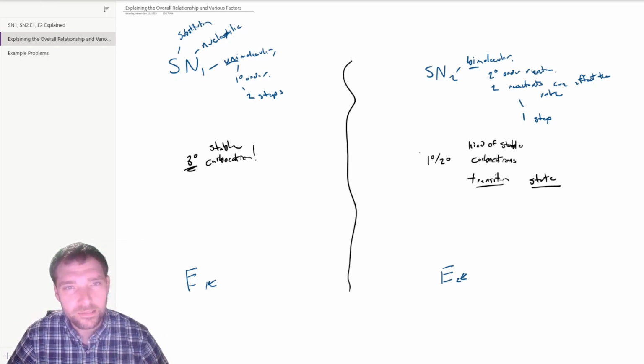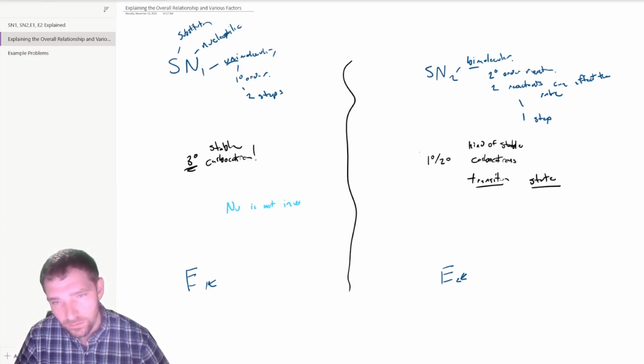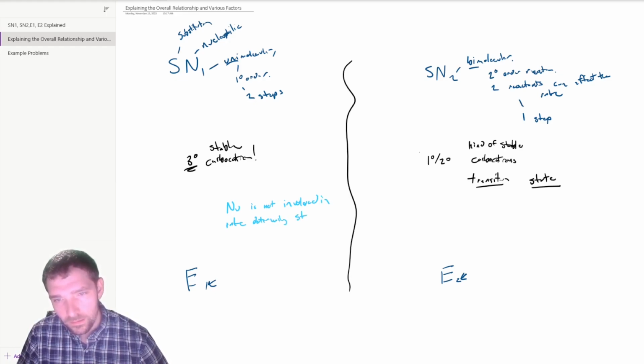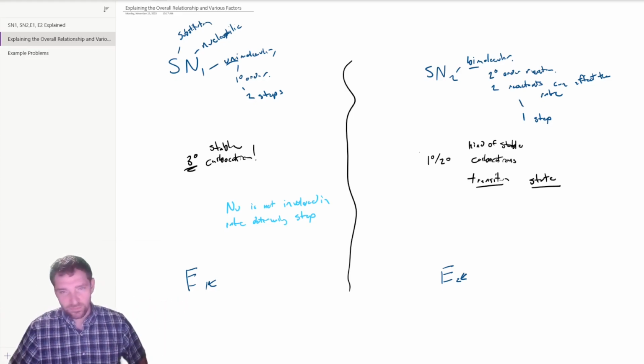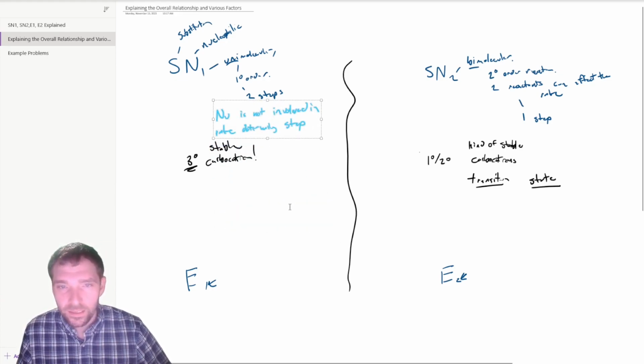And in this case, the nucleophile is not involved in the rate determining step. So if you have a ton of nucleophile, it's just not going to help speed this up when we're talking about SN1.